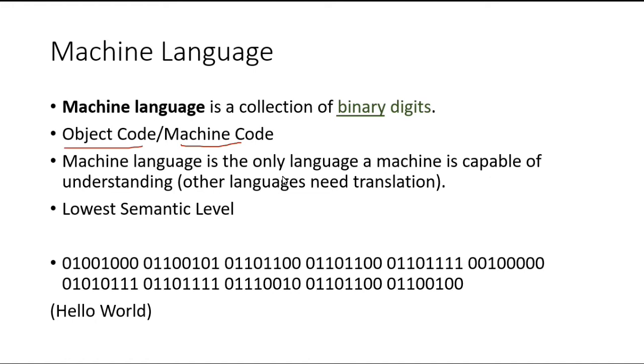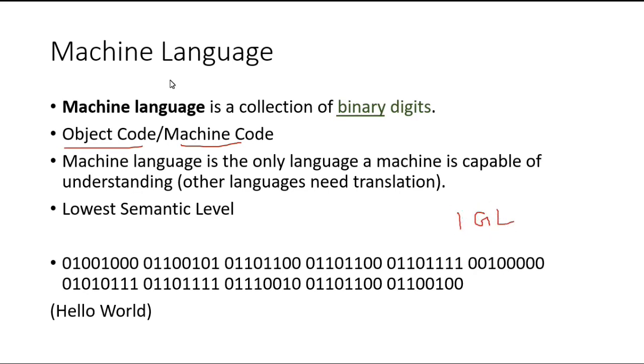Even if we program in C or Java or in assembly language, it needs to be translated into the machine language. And this is the lowest semantic level. By lowest, we mean there is nothing beyond this language. So this is also called the first generation of language.